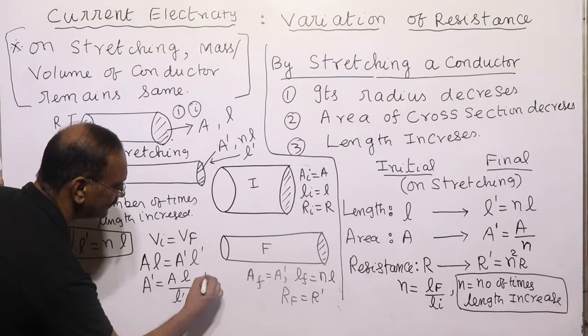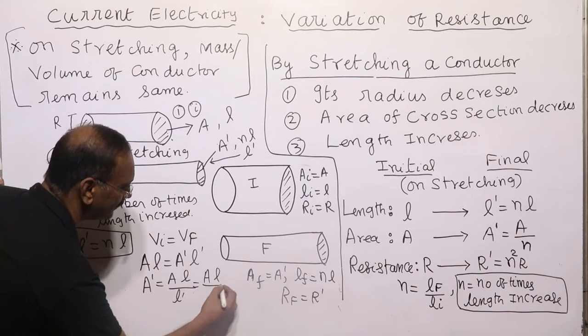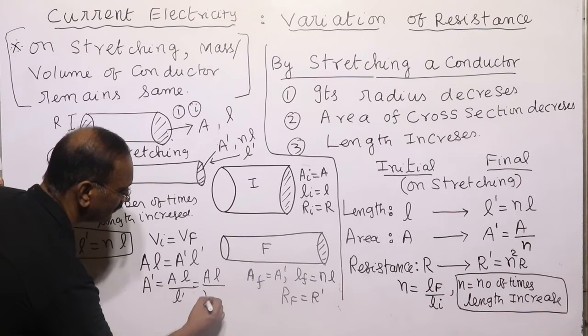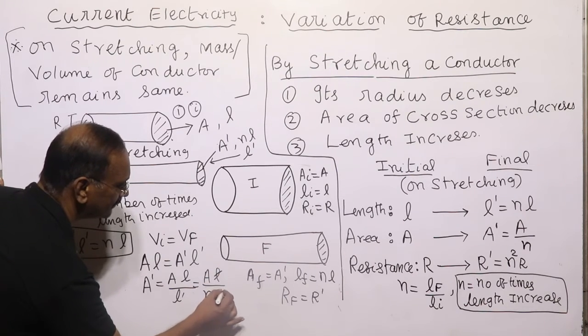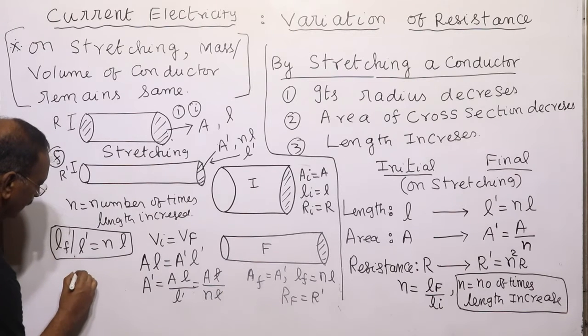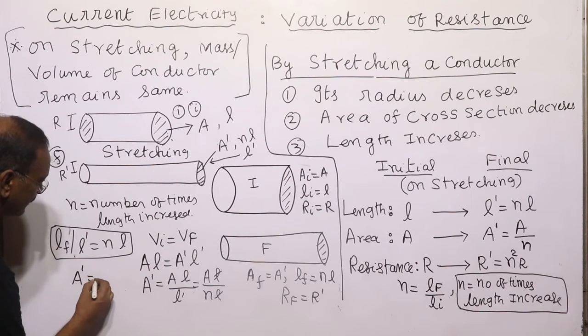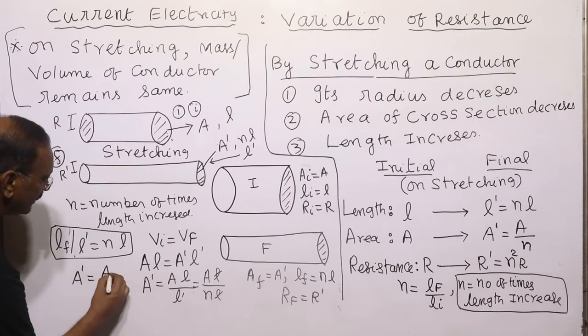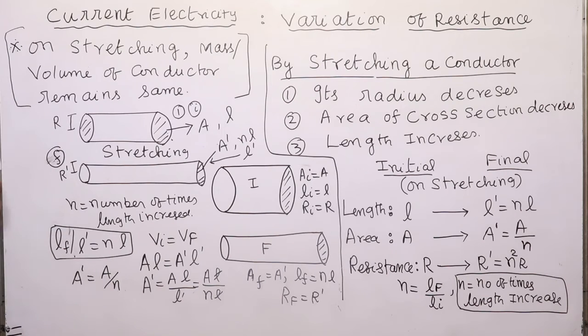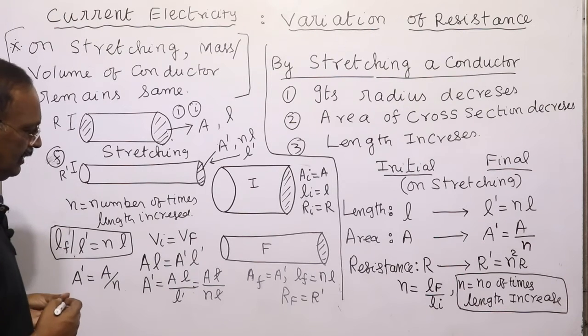What is L dash? It is N times L. So A into L divided by N L, the L cancels. Therefore, the area after stretching is equal to the original area divided by N. What is N?